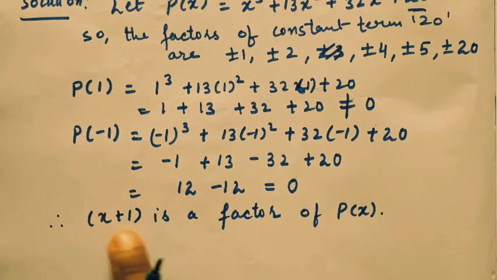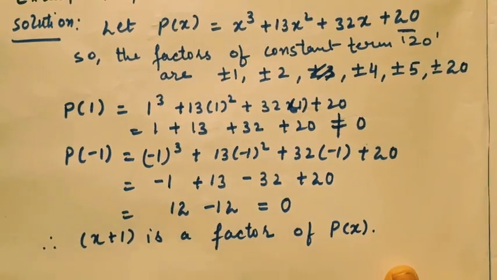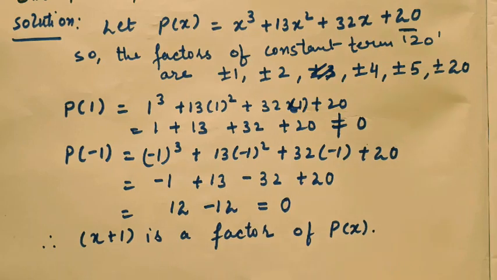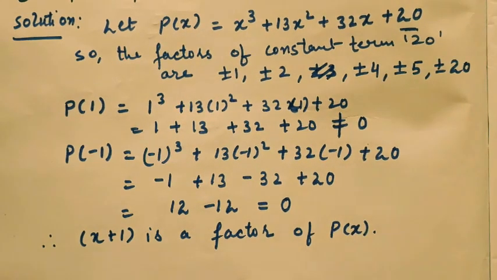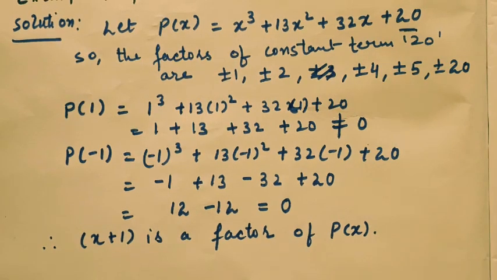to divide the polynomial by this factor, so that you get a quotient whose degree is less than 3. Less than 3 means you will get a polynomial of degree 2, and after that you can find the factors of that polynomial by the splitting method.